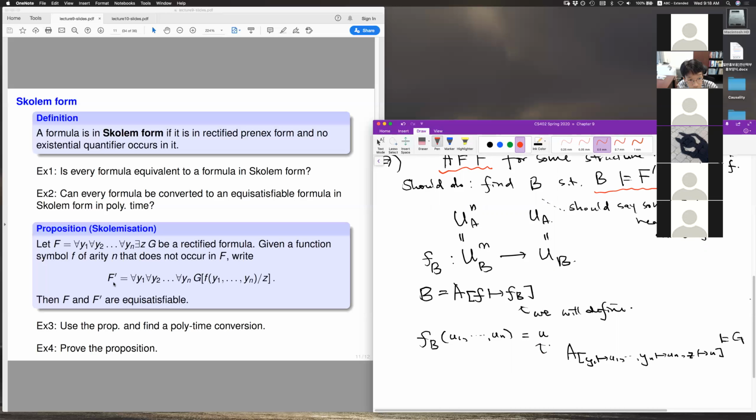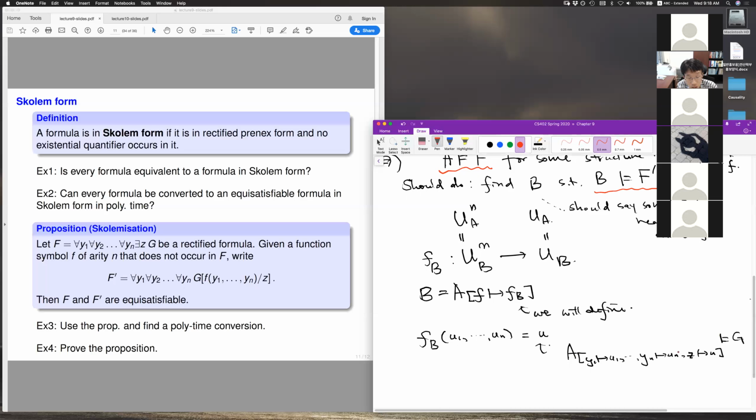If you think about it, that's in some sense obvious. We are checking whether f prime holds under B. Whenever we have a binding for the universal quantification under B, when we apply this function f to this binding for y1 up to yn, we will end up with the right value, because the value will be chosen in such a way that it makes G true.